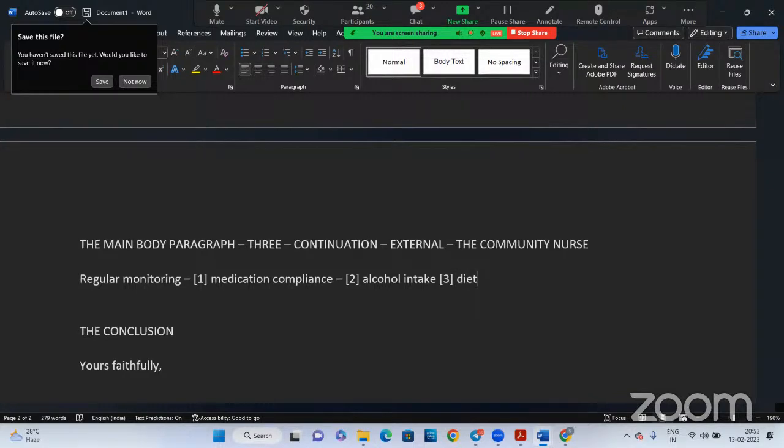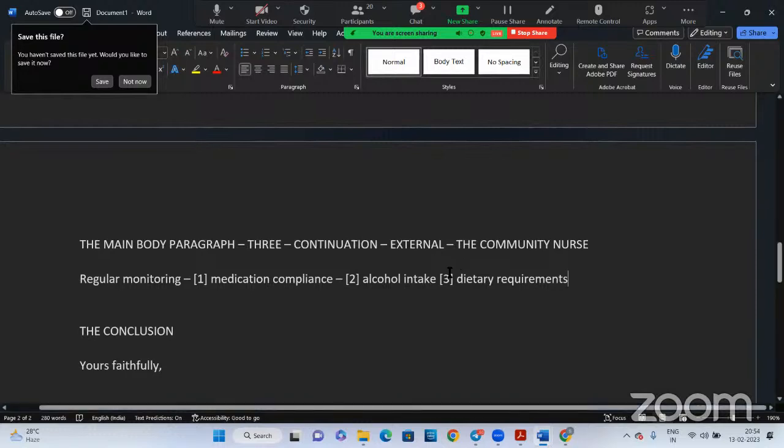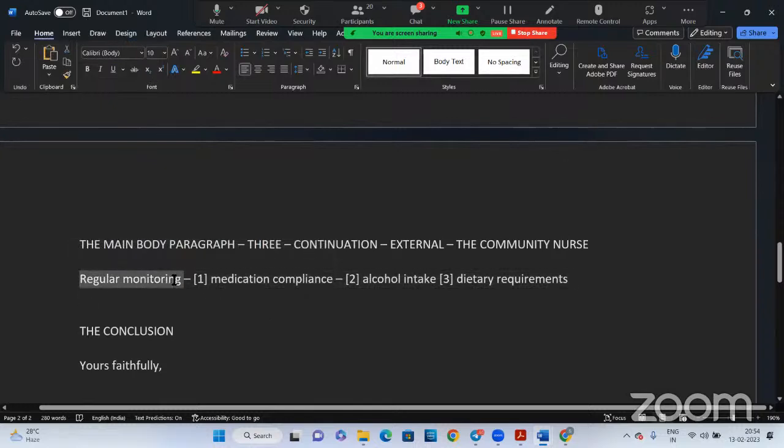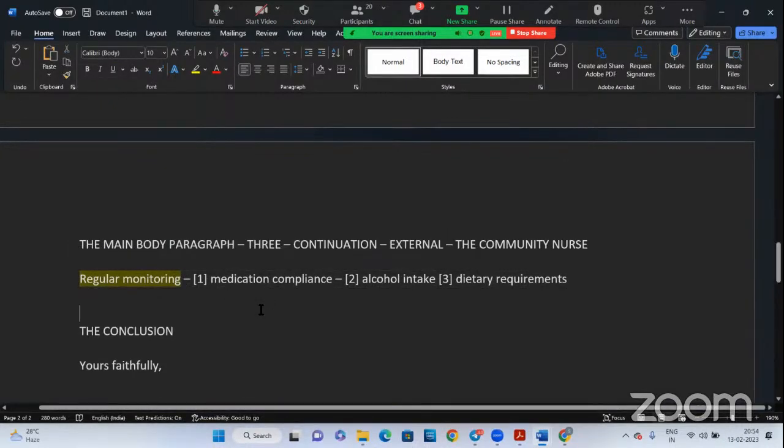Diet also should be monitored, the dietary requirements. Okay. So these are the three things that she should regularly monitor.